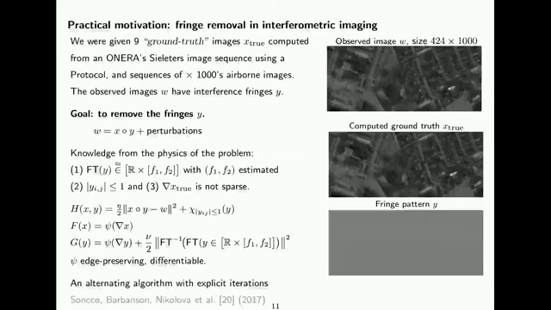We have considered this multiplicative model. What is known from the device is that the Fourier transform of the fringe belongs to an interval in the vertical direction, where these frequencies can be estimated quite faithfully.